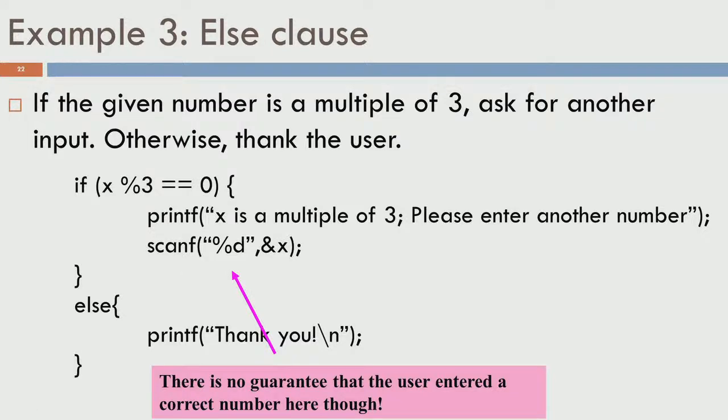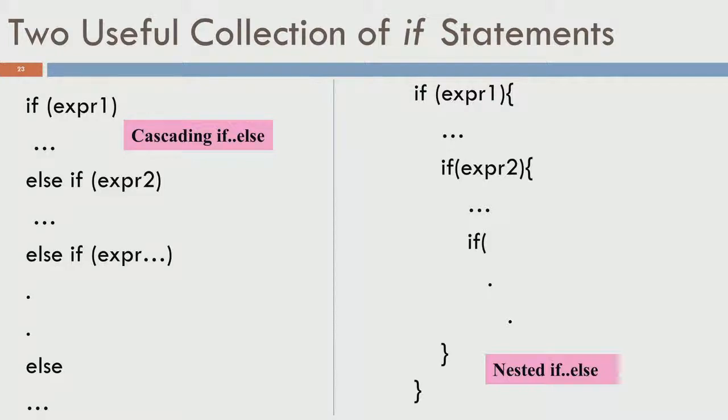else. So, there are two other useful collections of if statements. One that you see on the left side is what is called a cascading if else, and one that you see on the right side is what is called nested if else. In the cascading if else case, if expression 1 evaluates to true, you execute a block of statements.